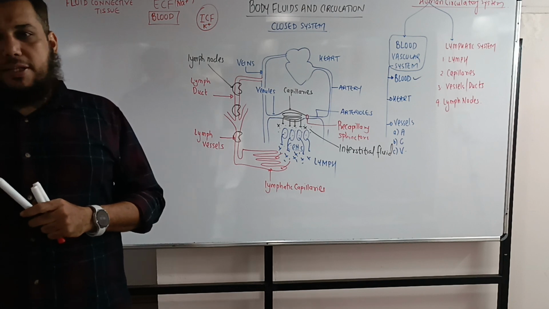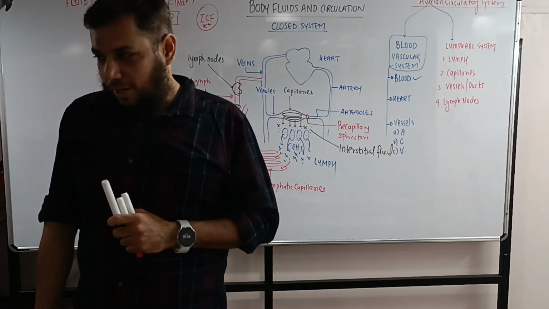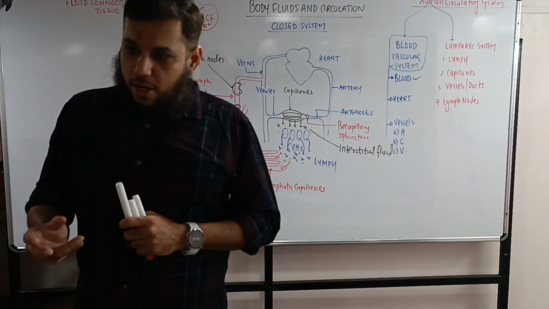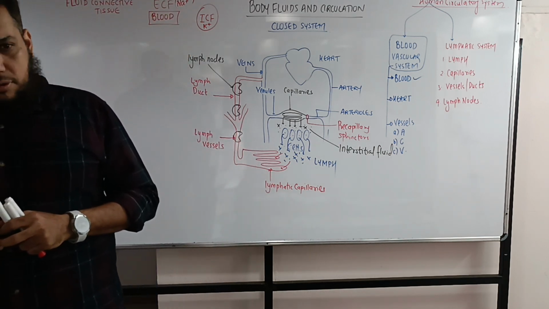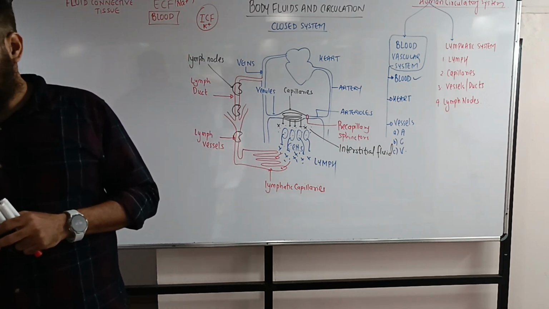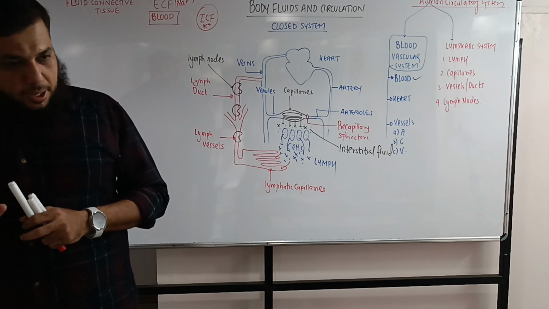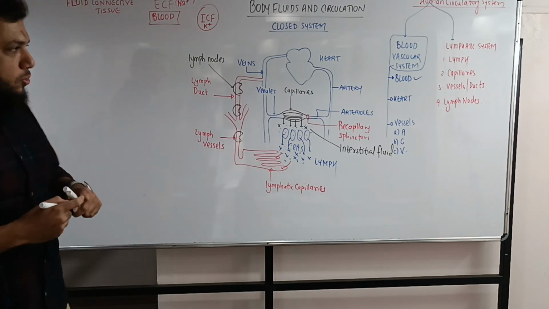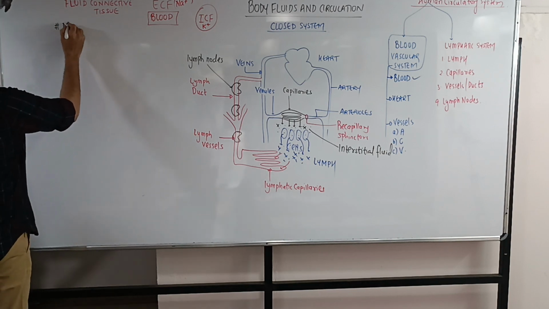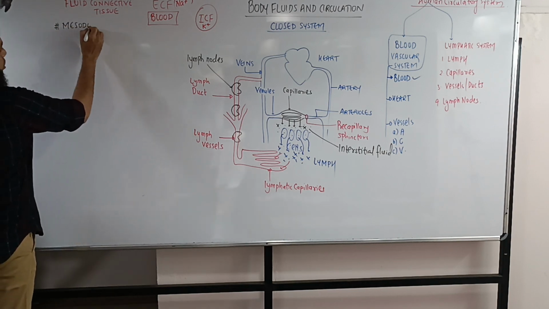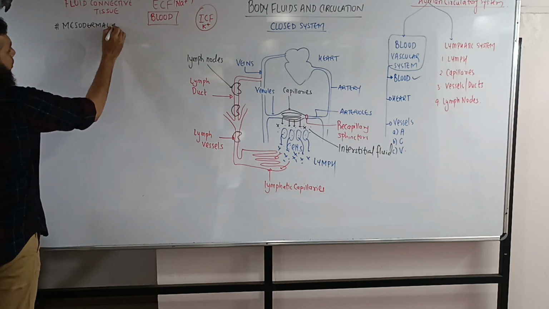So the origin of blood is ectodermal? Right or not? Because connective tissues are ectodermal in origin. Mesodermal. Sure? Some people know. So what is the origin of the blood? It is mesodermal in origin.